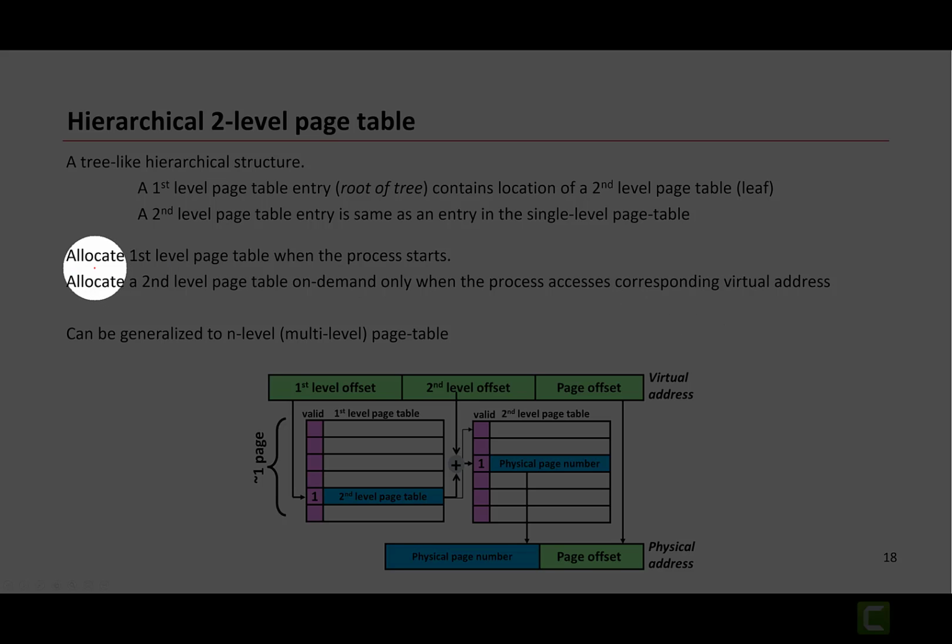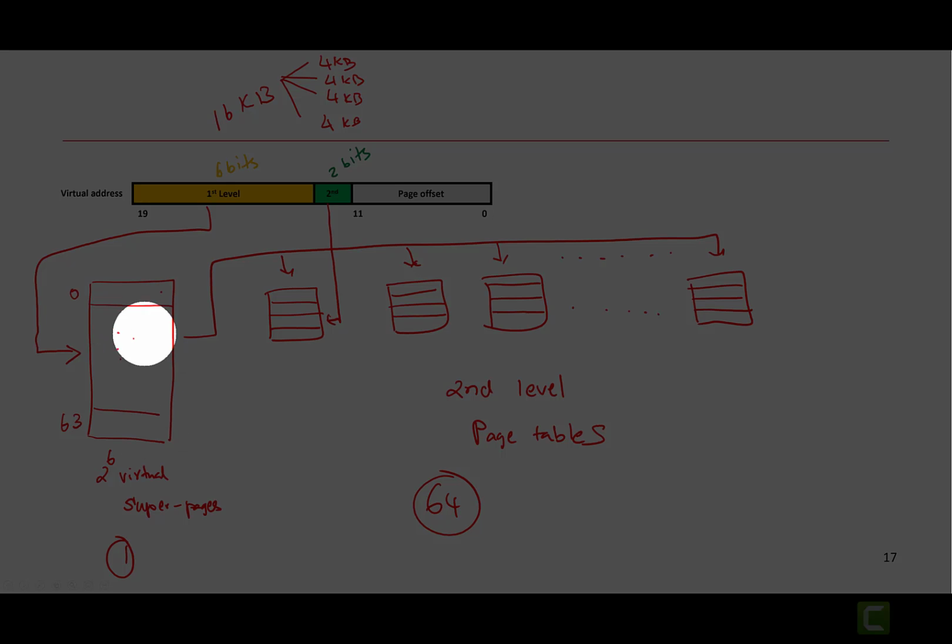And the reason why this method is more space efficient than just having one single level page table is because of the following reason. When a process starts, I'm only going to allocate the first level page table. What that means is only the super page table is going to be allocated, and that has only 64 entries as opposed to the 256 entries that we had in the single level page table.